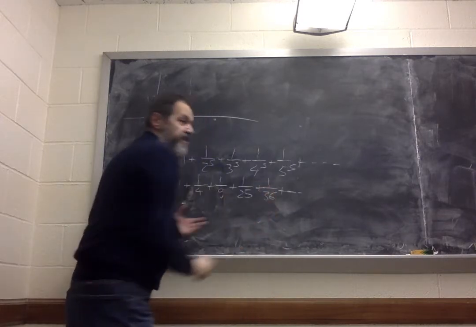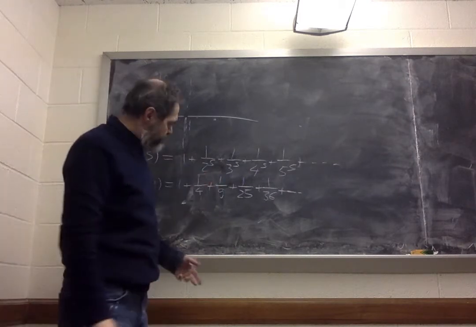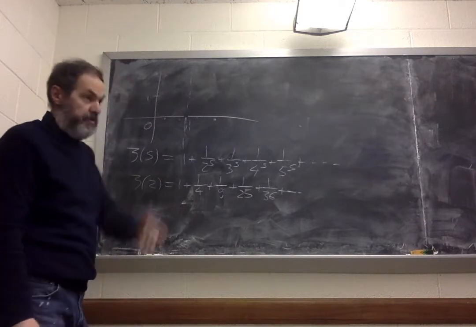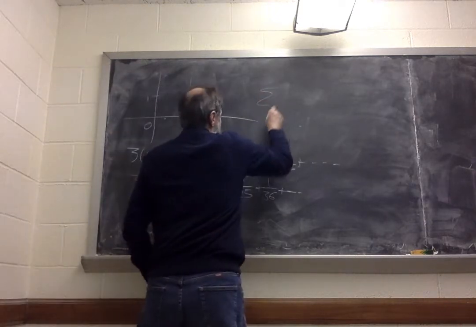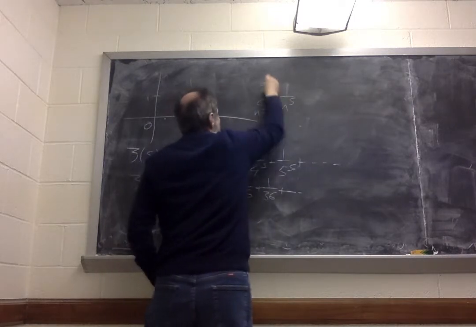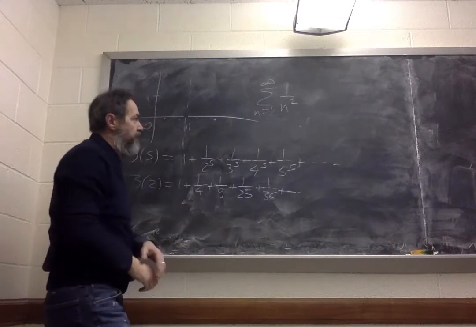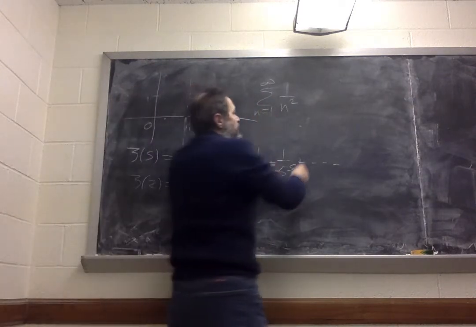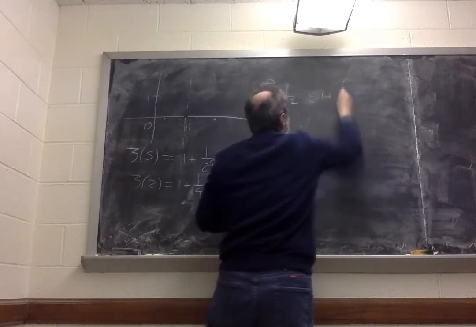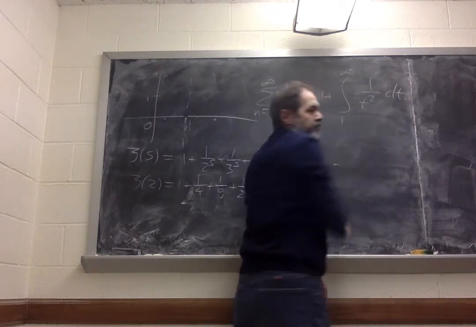This is a convergent series, which we can see in calculus classes. If you think about it, you can bound the sum that looks like 1 over n squared, the sum from 1 to infinity. That's the short form notation for this infinite sum. You can bound this and say this is less than or equal to 1 plus maybe the integral from 1 to infinity of 1 over t squared dt, something like that.